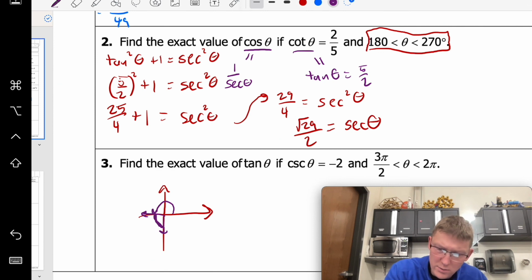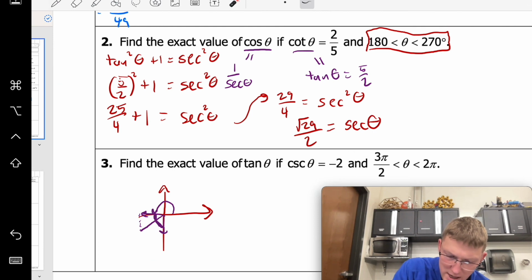So if we use just any kind of triangle, that means that our line is coming out like this. So if we're talking about secant, or in this case cosine, cosine is going to be adjacent over hypotenuse. This value right here is negative.